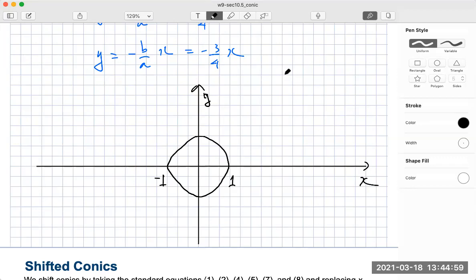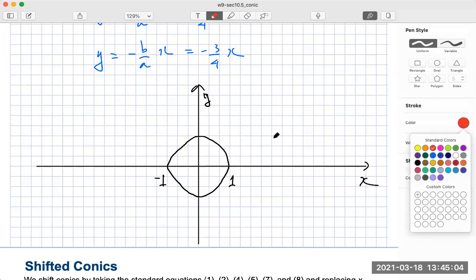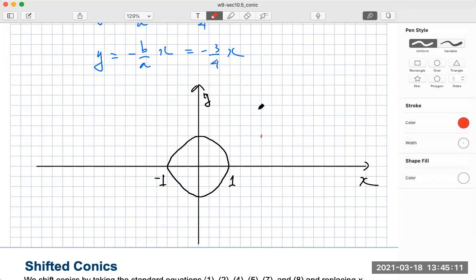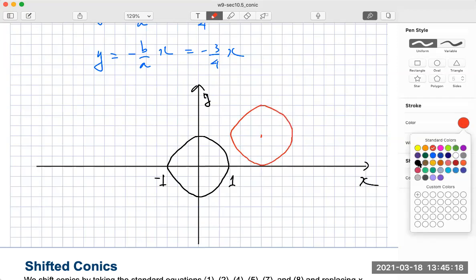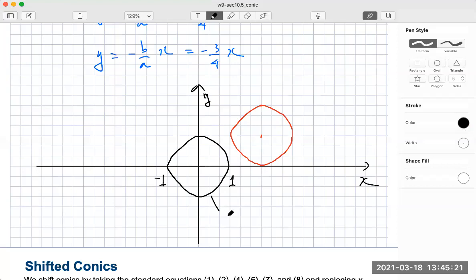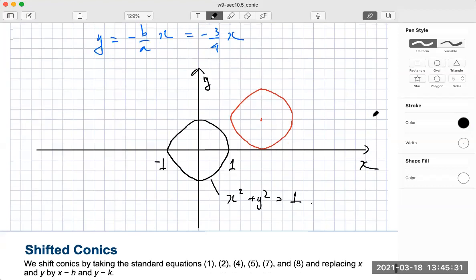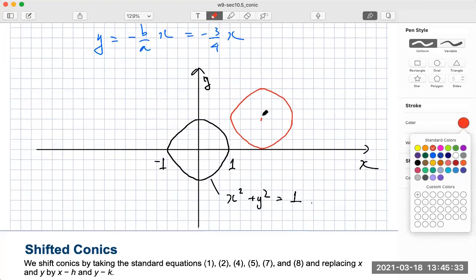And this center, if the circle is shifted to here, for example, first, what is the equation of this circle? Equal to 1, right? And this here has the same radius here. And what is the equation of this circle?